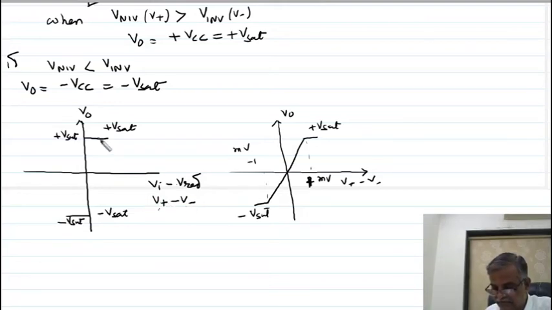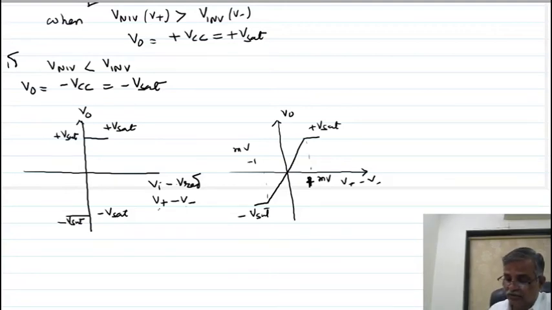When this is less than this, it immediately shifts from plus saturated to minus saturated. But in practice, you are getting it like this. Some 2 millivolt is required for the output of the op-amp to change from minus V sat to plus V sat, or plus V sat to minus V sat. Approximately 2 millivolt is required to change the state of the output. During this time, the state cannot be defined. This is happening due to input offset voltage, and it can be minimized with the help of the offset null technique.